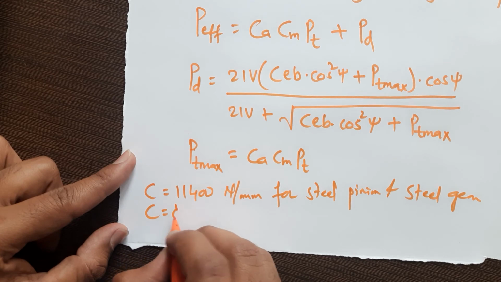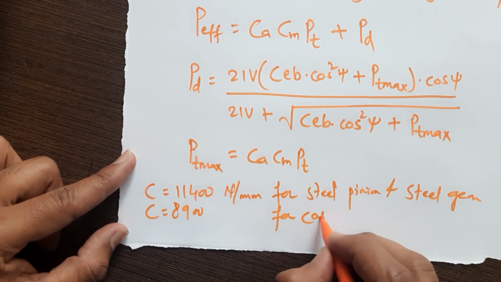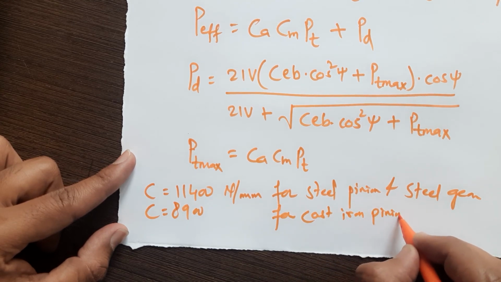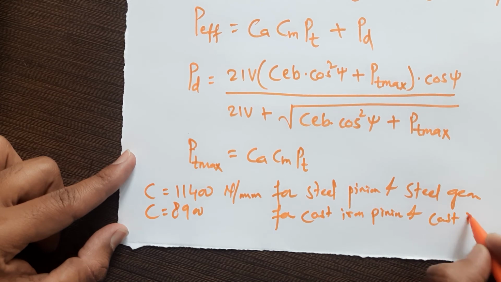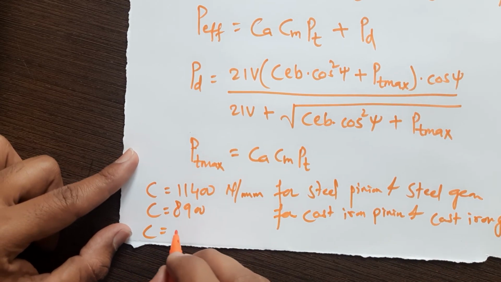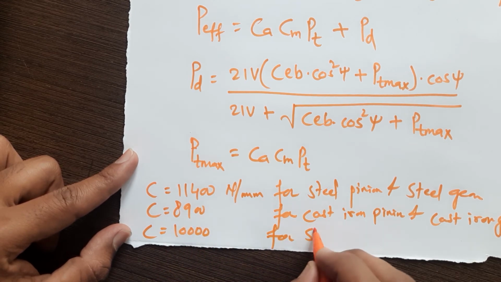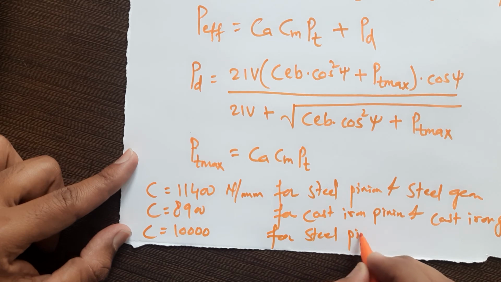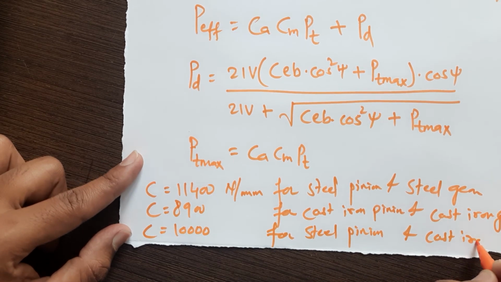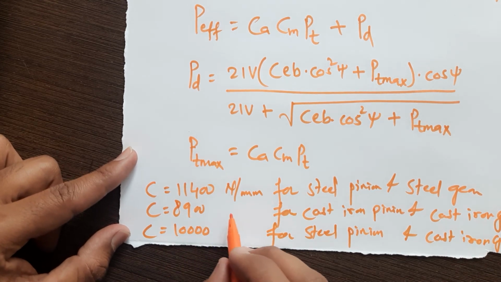C is equal to 8900 for cast iron pinion and cast iron gear, and C is equal to 10,000 for steel pinion and cast iron gear. So according to the material you have to select the formula of C, and then after that you have to proceed.